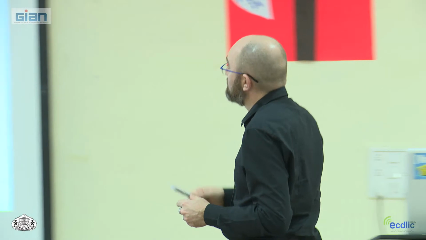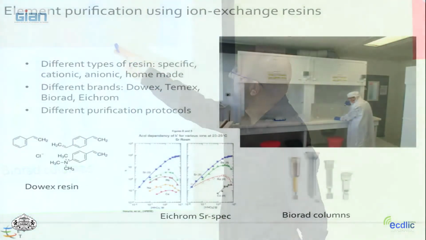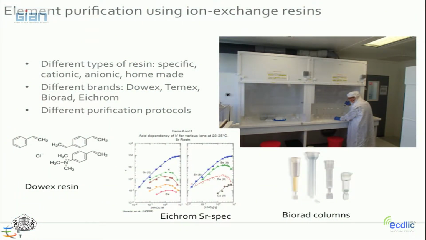And this is what this lady is doing in the laminar flow. So again, this laminar flow here, we don't see that much, but it is a flow of air with 100 particles per square meter per hour, because you are fluxing air on your sample, so you don't want it to be dirty.